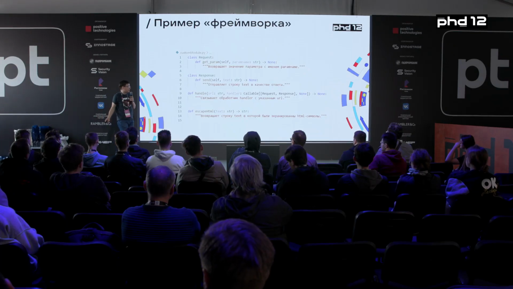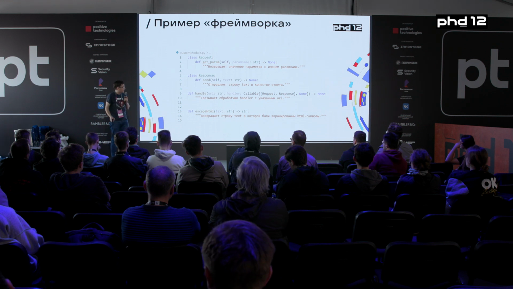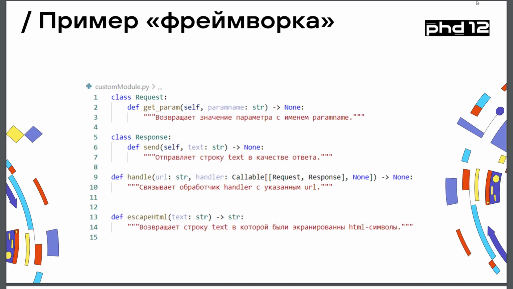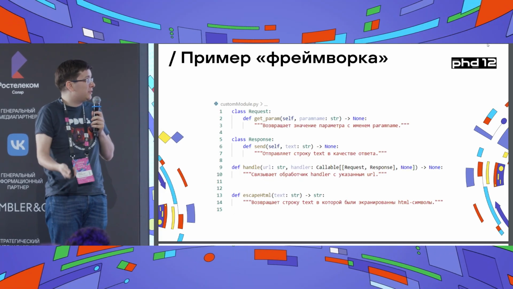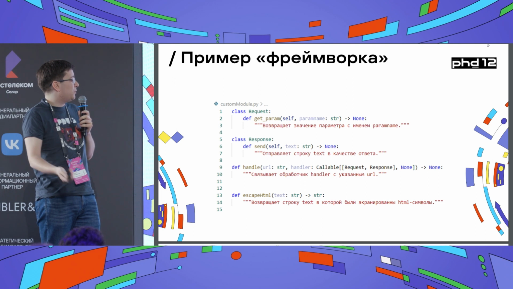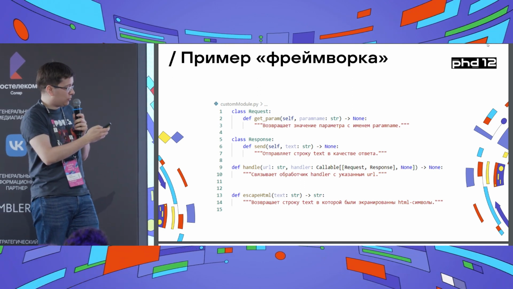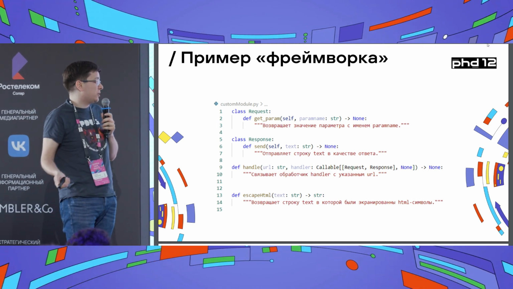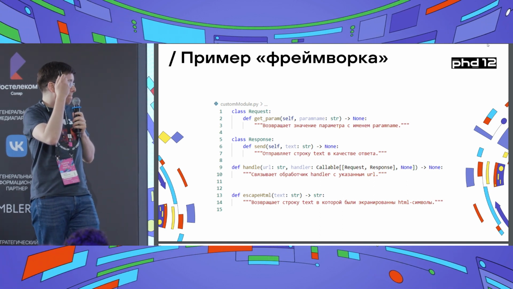So what we did to demonstrate, we wrote a very simple framework for a web app consisting of two classes, each of which has a method and two additional functions. We have a class for describing incoming requests from which you can get a parameter, a response class to which you can send an answer.